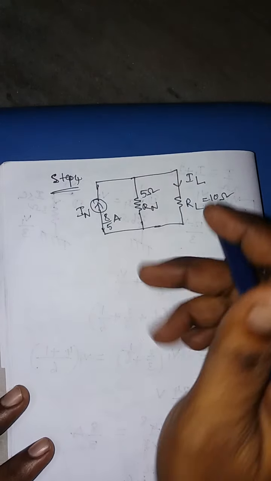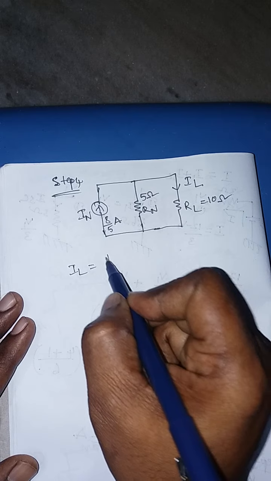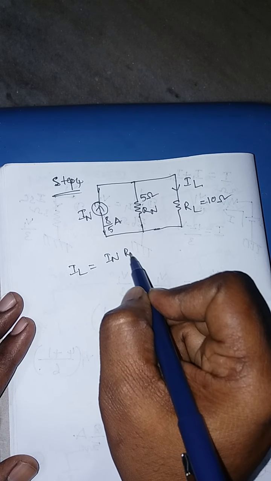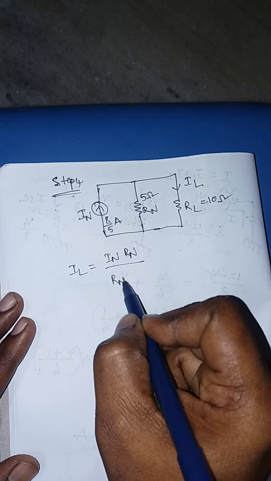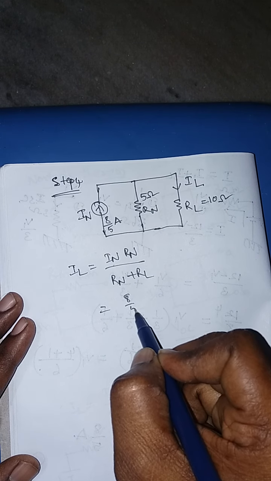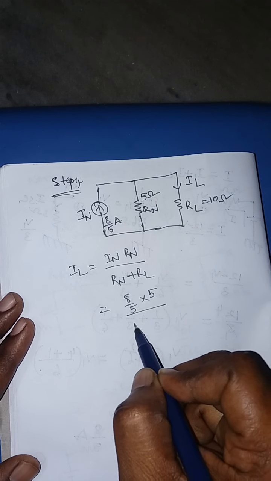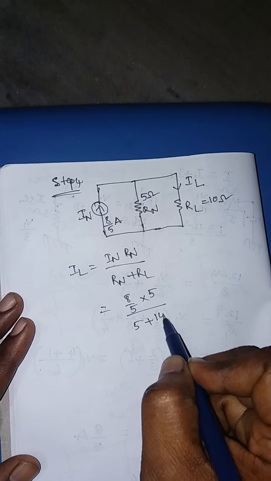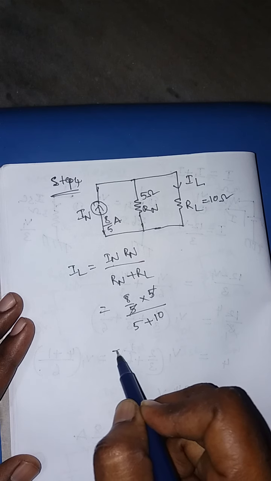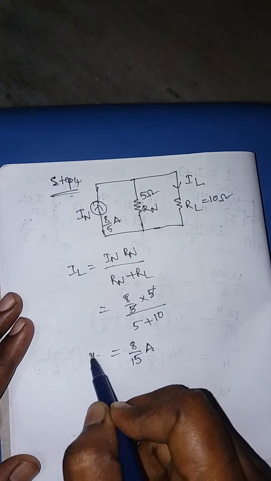Now what is the equation for IL? IL is equal to IN into RN by (RN + RL). That is 8/5 into 5 divided by (5 + 10). 5 gets cancelled. This is 8 by 15 amperes.